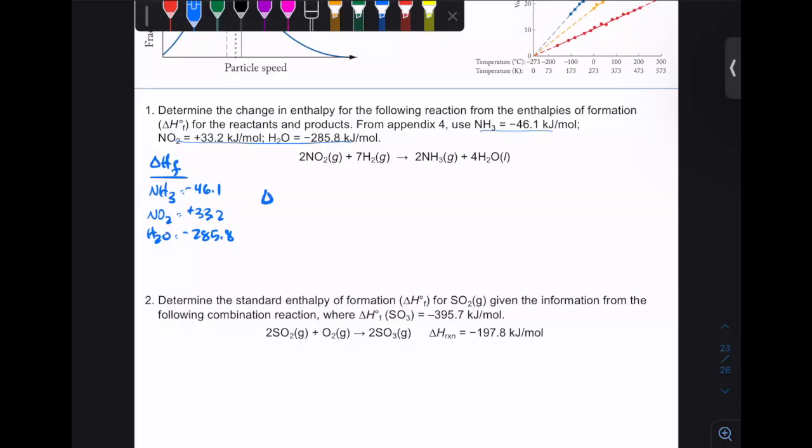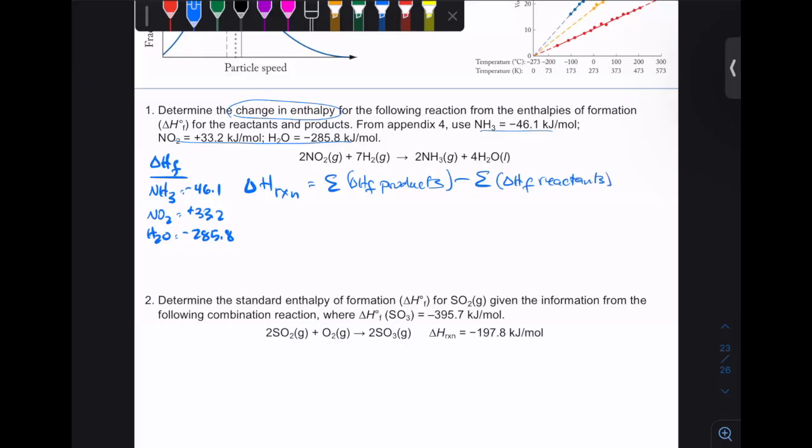We're asked to determine the change of enthalpy, so delta H of the reaction is going to be equal to the sum of the delta H of formation of the products minus the sum of the delta H of formation of the reactants.